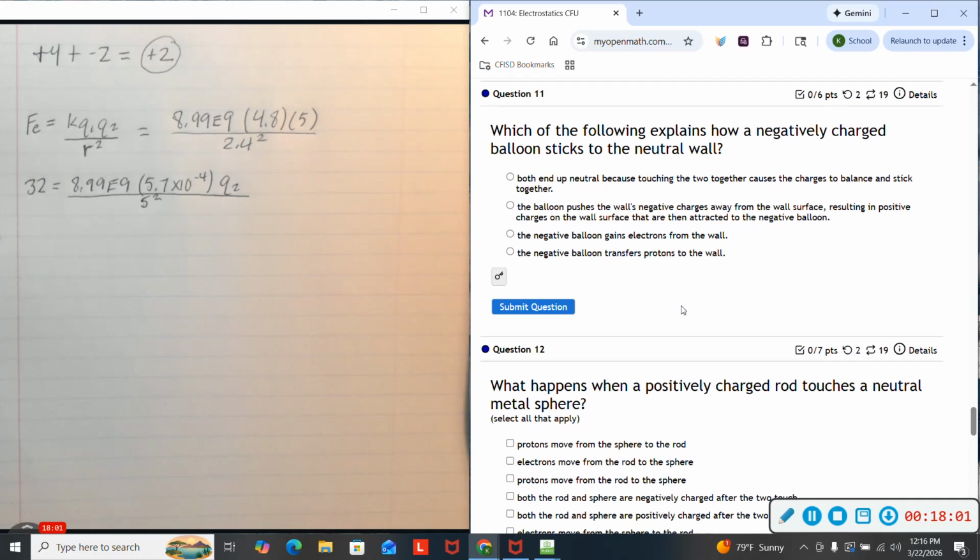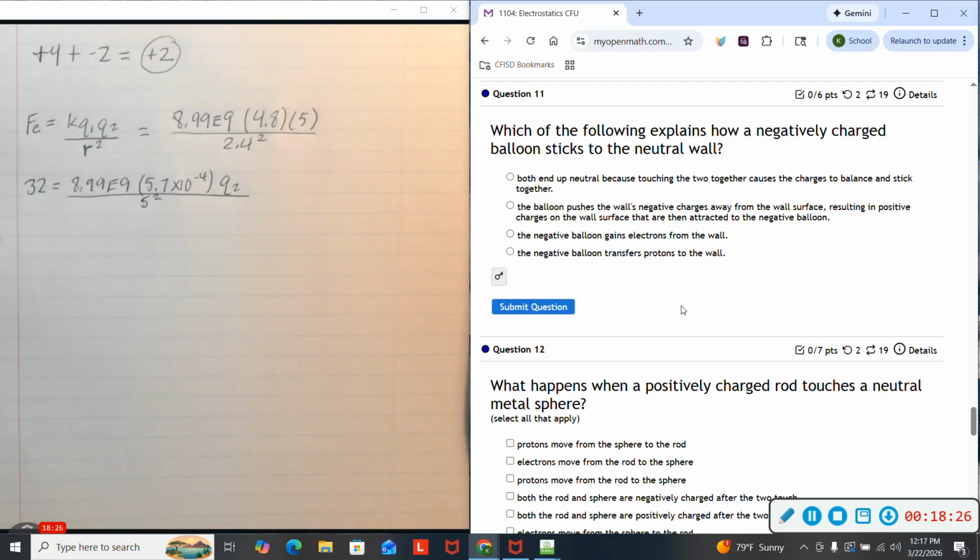Which of the following explains how a negatively charged balloon sticks to a neutral wall? We saw this in a PhET simulation, on the first day of simulations before spring break, where you rubbed a balloon on a sweater and then stuck it to a wall. We also saw it in the notes slideshow on Thursday, where a boy had a balloon rubbed on his hair and it stuck to the wall. In both cases, what was happening was polarization of the atoms that make up the wall.